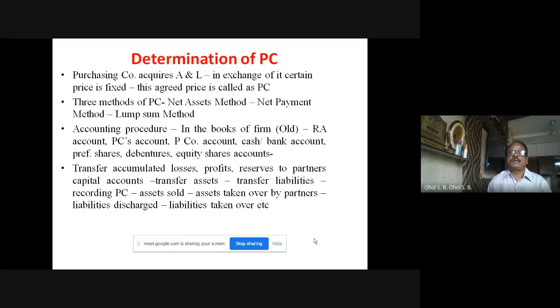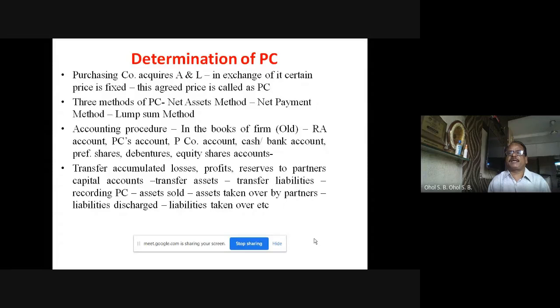So we have studied when the realization account is opened, then what is the procedure of recording the various types of things to the realization account. At that time, we have seen that all the assets are to be transferred to the realization account at book value. So book value is very important.